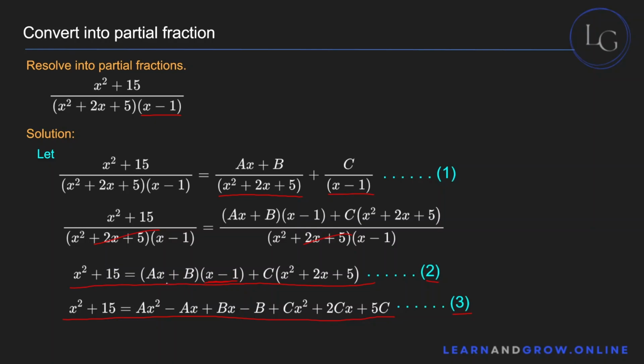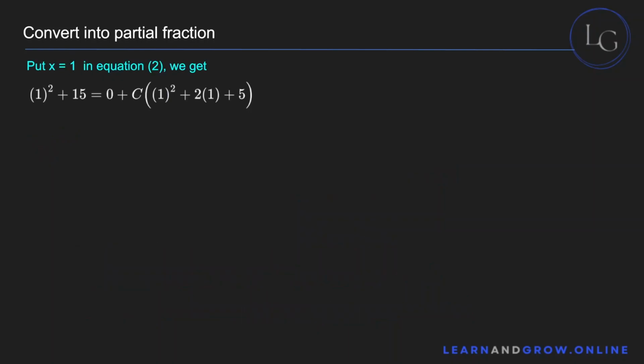And since this becomes 0, this ax plus b will be multiplied with 0, and it will also become 0. And now, when you plug in x is equal to 1 over here, and over here, and over here, you basically get this. So now, after doing all the calculations, you can see that the value of c is equal to 2.